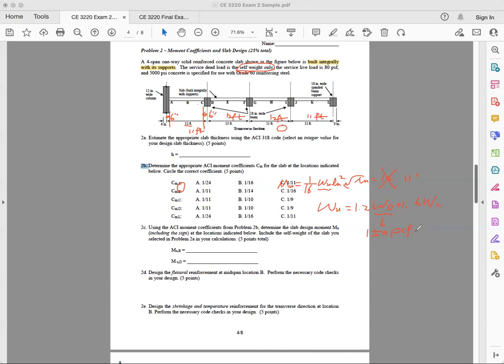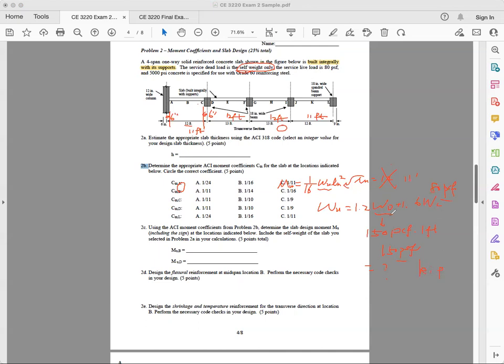Remember, it's a 1 foot unit strip, right? So this is actually 150 pounds per square foot. All right. So that is the dead load, and live load is 80 pounds per square foot. So you can calculate it and get your omega u. All right. And then once you have omega u, don't forget, this is in terms of pounds. You want to convert it back to kip.